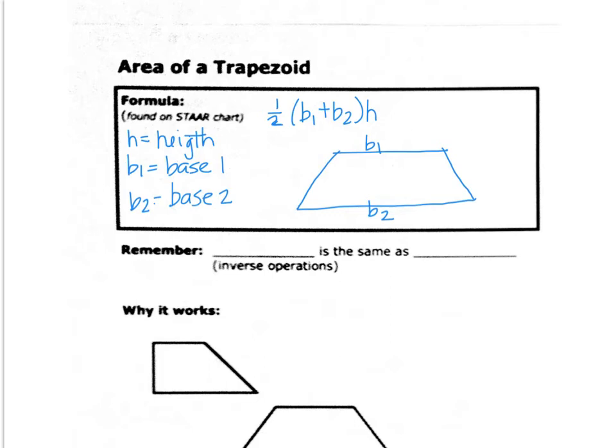So our height is the same thing as it is in a triangle. We're going to drop a perpendicular line from base 1 to base 2. It's going to form a 90-degree angle because that's what a perpendicular line does, and that is our height. And so just like with the triangle, it is very similar to the formula for a rectangle.